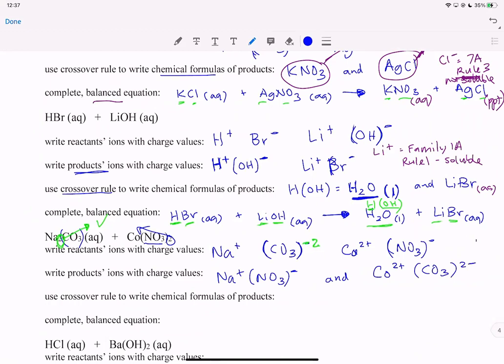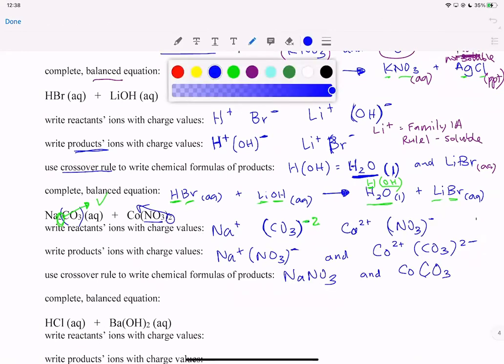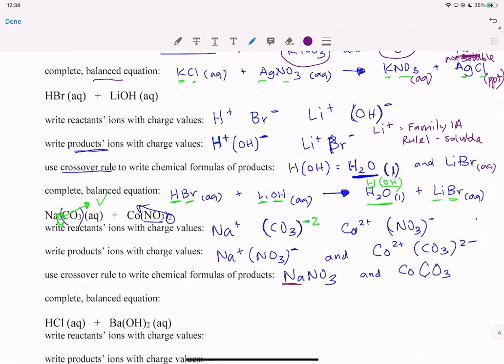Then using the crossover rule, you're going to end up with NaNO3, no plus or minus signs, and you can get rid of the parentheses. Also this is going to be CoCO3, where you can get rid of the plus and minus signs and also the 2s. Looking at the solubility rules, you have Na, which is in family 1A.